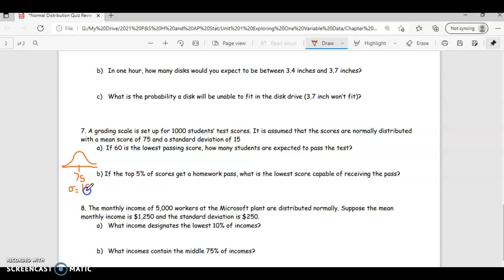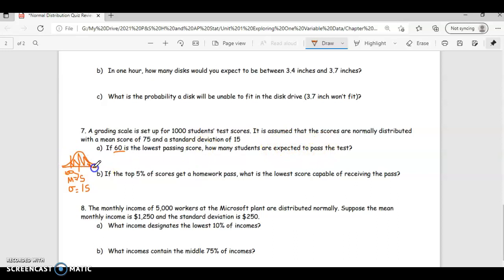So this curve is going to tell me everything I need to know or anything I need to answer. I'm going to answer based on this picture. If 60 is the lowest passing score, so let's find 60 on my curve. Well, if 75 is here, 60 is somewhere down here. So I label it 60. How many students are expected to pass? So you're going to pass with a 60 or better.